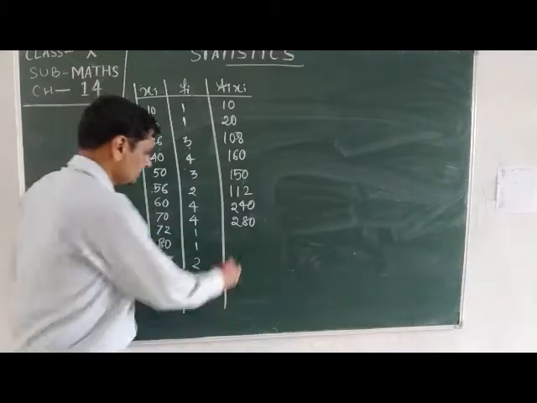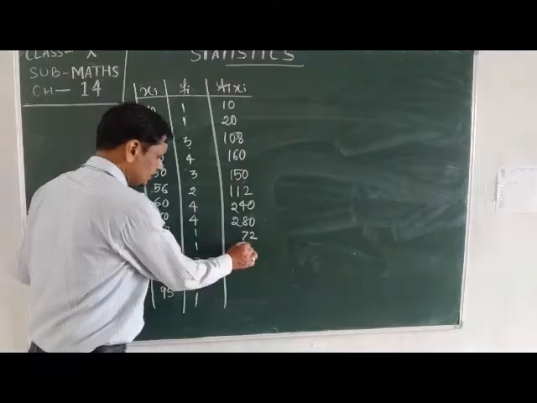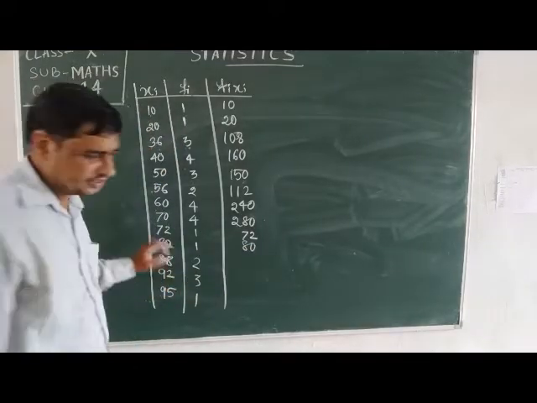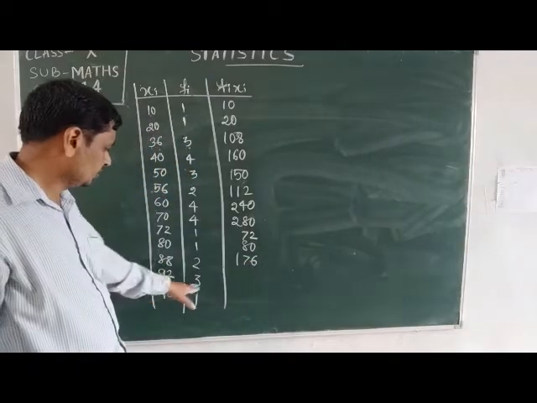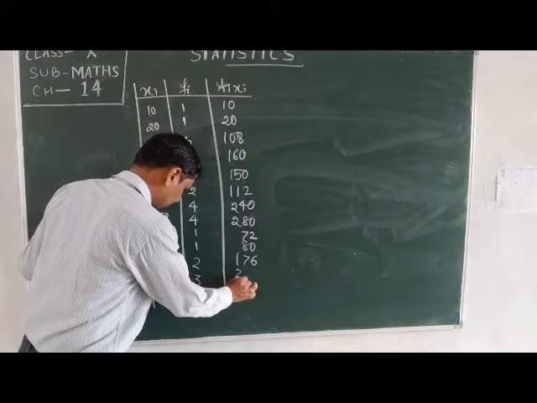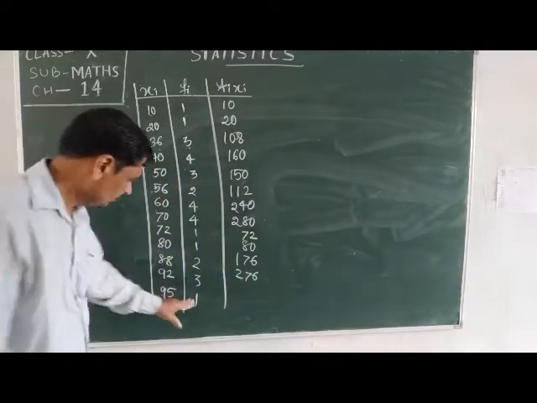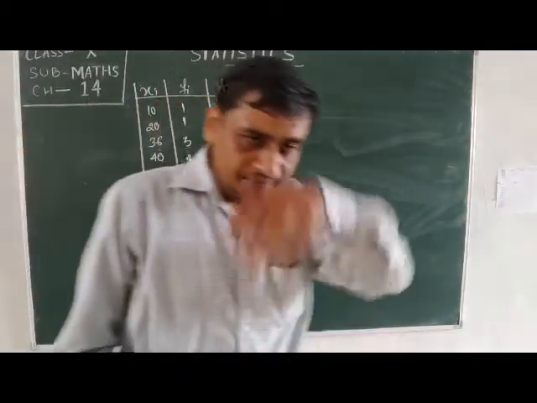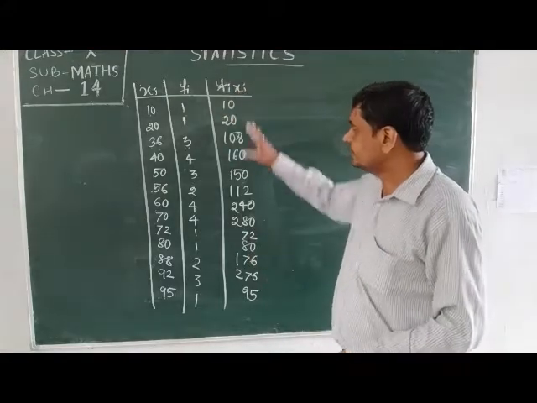72 into 1, 72. 80 into 1 is 80. 88 into 2, that is 176. 92 into 3, it is 276. Then 95 into 1 is 95. We have calculated the column fi xi.